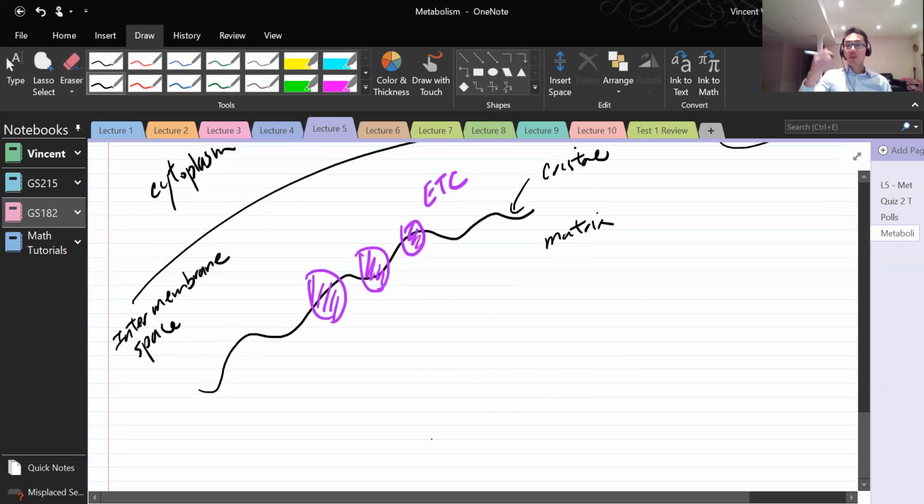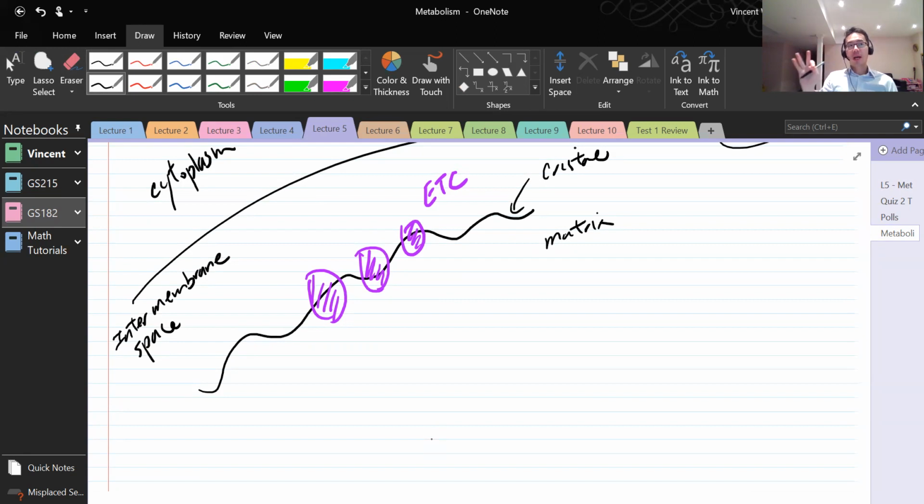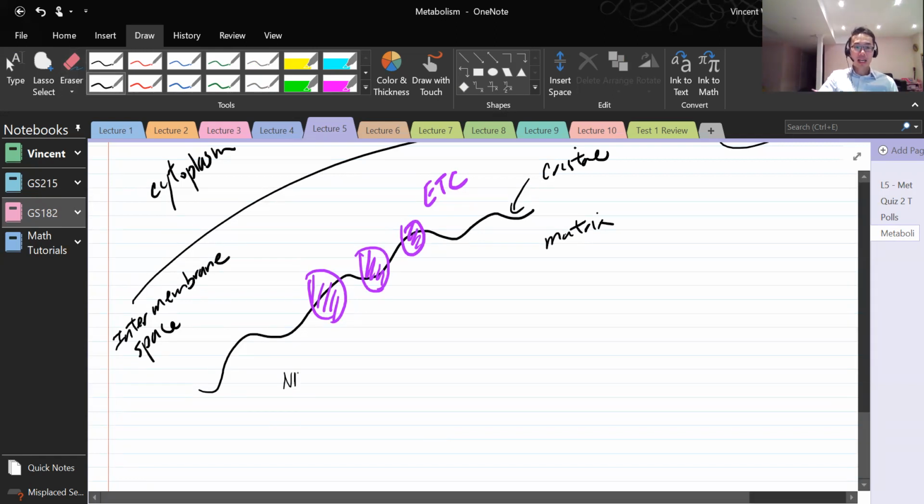Remember, the matrix is where step number 2 and 3 took place. Number 2 is the pyruvate oxidation. Number 3 is the Krebs cycle. If you look at the chart that we filled in the study guide, you will notice in step 2 and 3, we created a lot of NADH and FADH2. So what's going to happen is the NADH will come to the first protein on the ETC. And let me be clear, on the cristae there are thousands of these ETCs. For simplicity, I'm only showing you one of them.